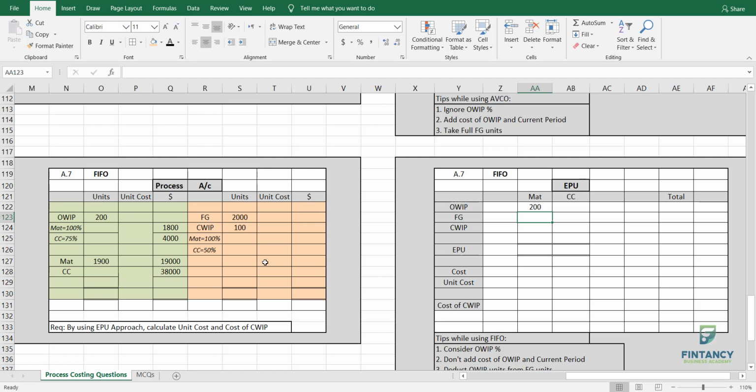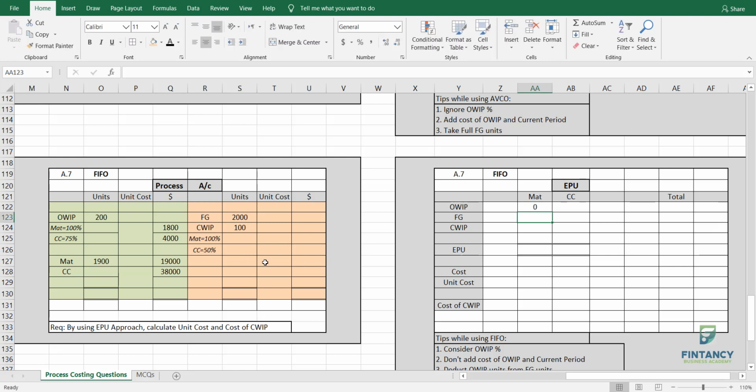When I say opening is 100% material, it means material was already added in the last month. This EPU you are making is for the current month, so during this month I have not done any effort on the opening units from a material point of view. So you have to take the remaining percentage. For material there is no remaining percentage, right? So you will say 0.